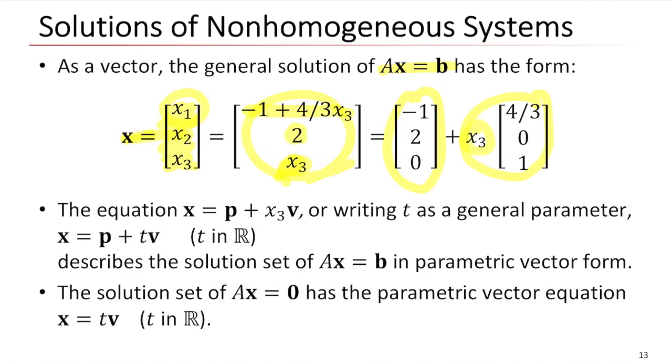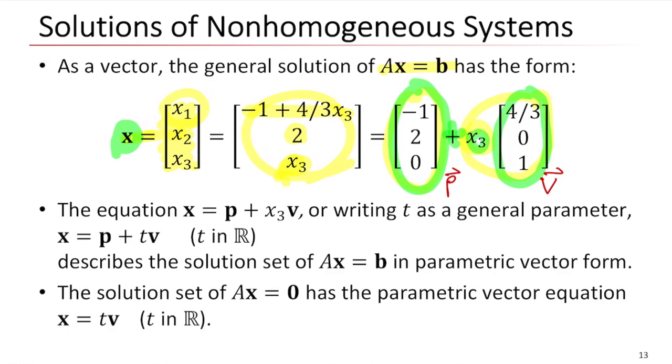Then we can decompose the original, or general solution x, as some arbitrary vector plus a linear combination of some vector. Okay. Let's say this vector is a vector p, and this vector is a vector v.